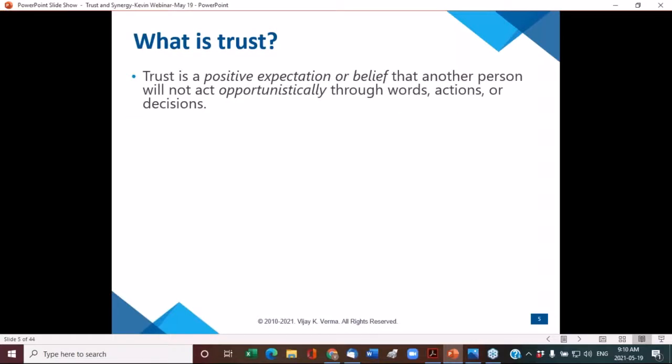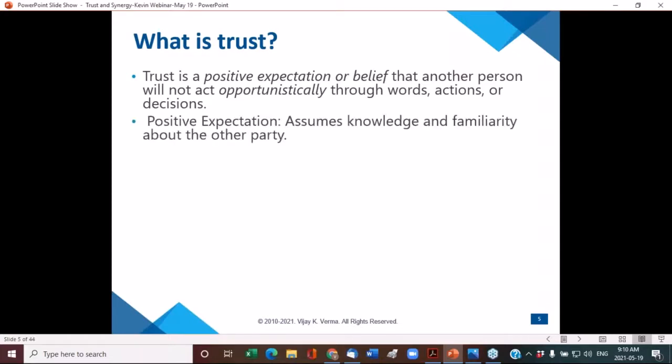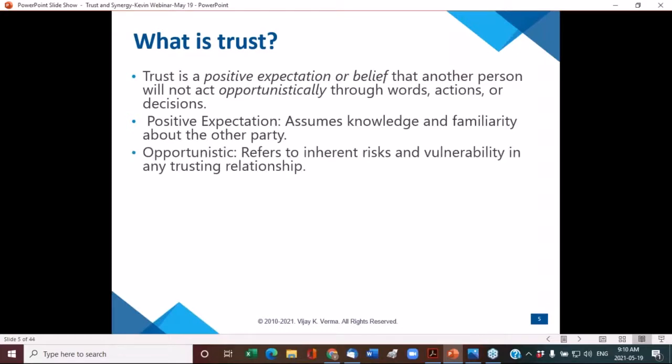So trust actually is a positive expectation or a belief that another person will not act opportunistically through words, actions, or decisions. So when I trust somebody, I have some positive expectations from that person. When I say positive expectation, I assume that they have knowledge and familiarity about the other party.